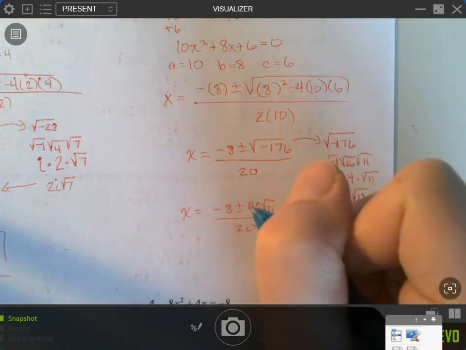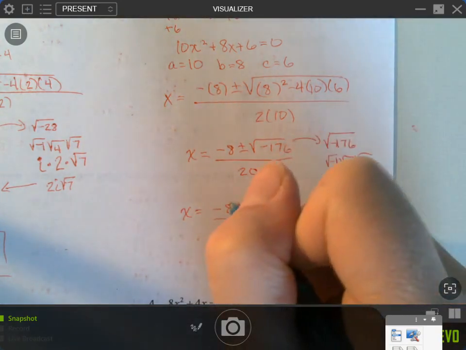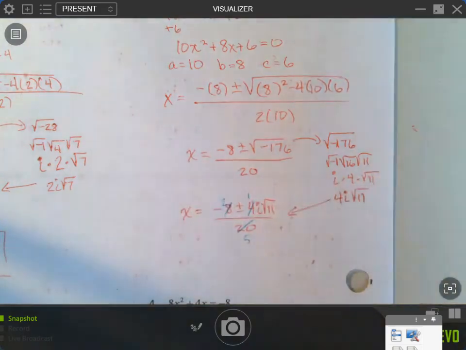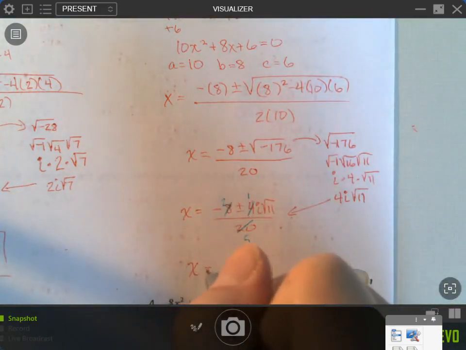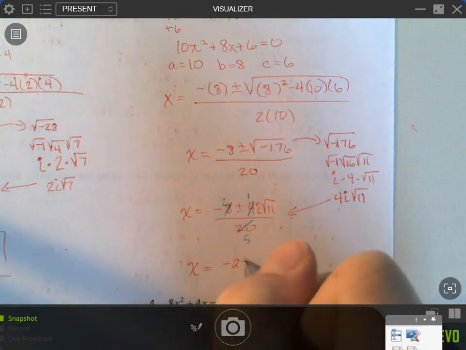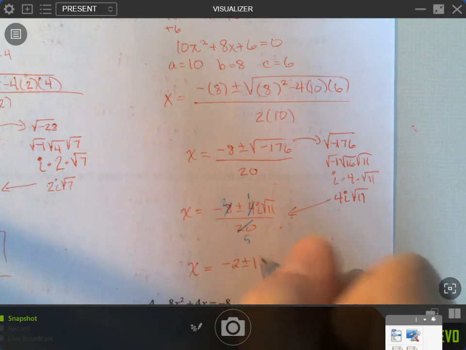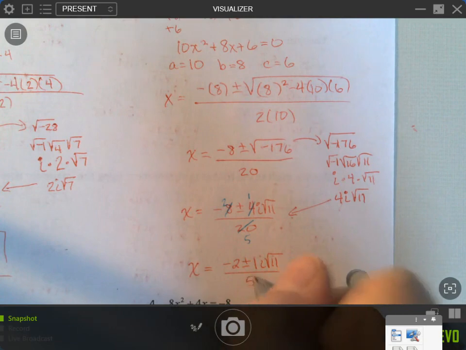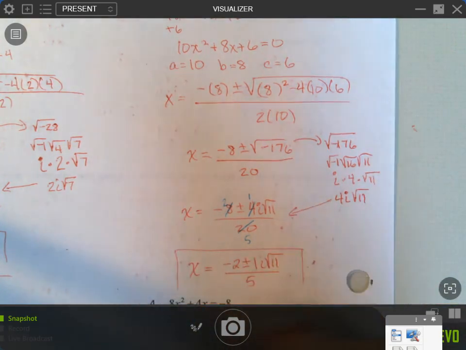So I'm going to divide everything by 4. Divide by 4, I get a -2, I get a 1, and I get a 5. So my final answer, x equals -2 plus or minus, you could have it as 1i square root of 11 or just i square root of 11, all over 5. So that's your final answer.